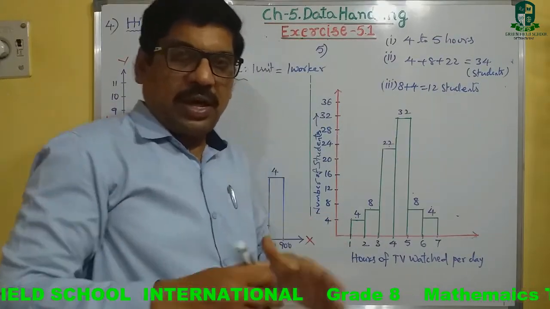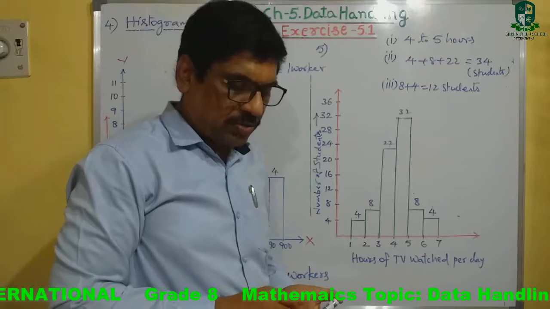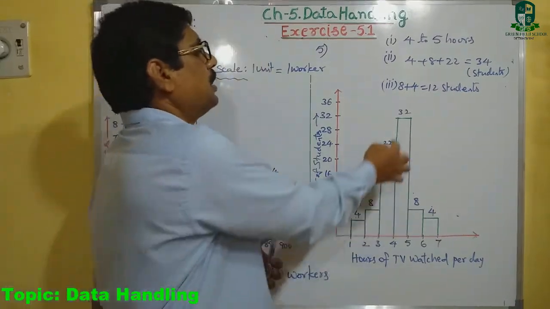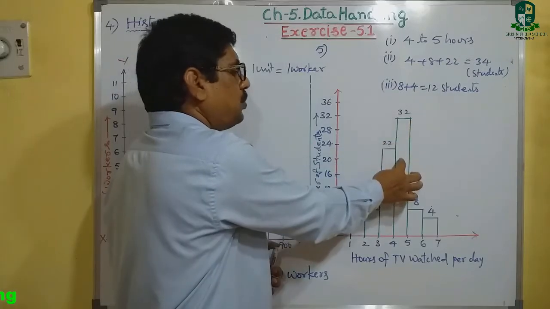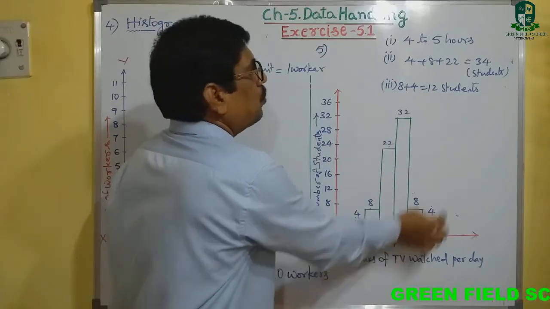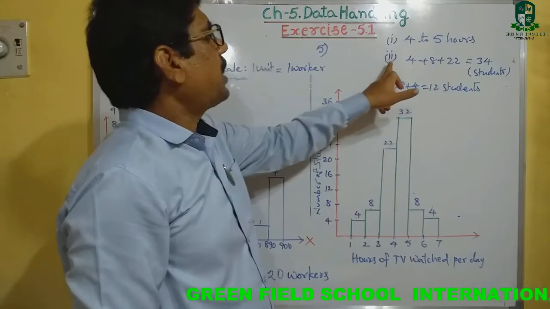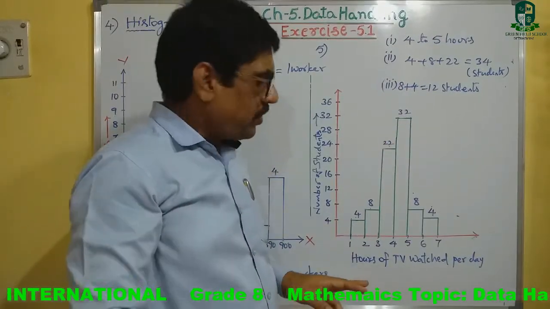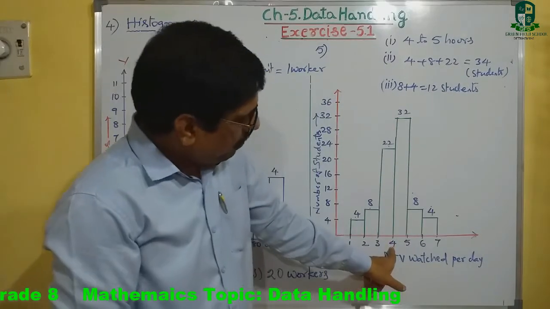So let us repeat the questions and answers once again. For how many hours did the maximum number of students watch TV? The maximum number of students are 32. They are watching the TV for 4 to 5 hours. That is the first question answer. Second question. How many students watch TV for less than 4 hours? Less than 4 hours means below 4.